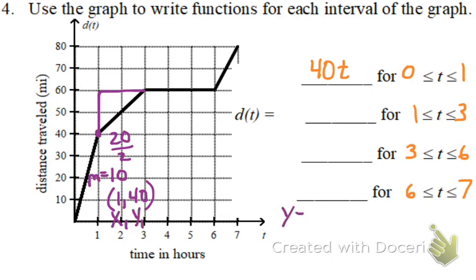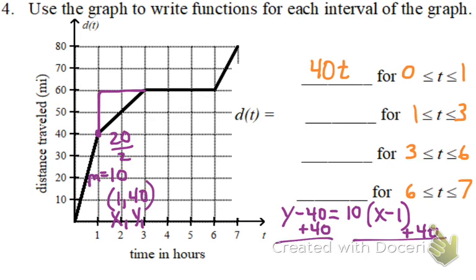Substitute into point-slope, we'll have y minus 40 equals 10 times (x minus 1). You can add 40 to each side. That'll get the y by itself. Write it in terms of d of t: d of t equals 10 times (t minus 1) plus 40.